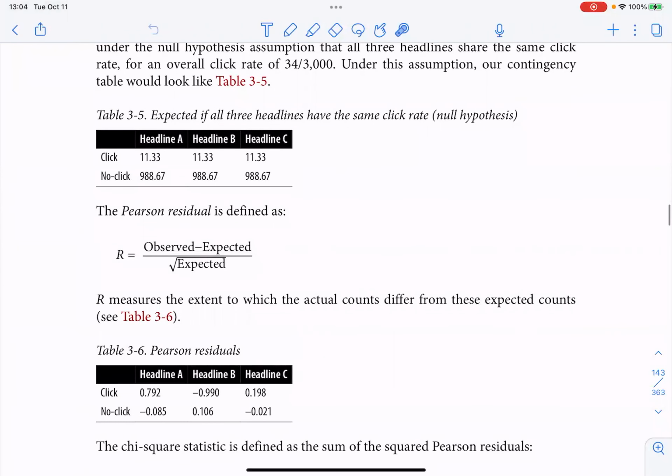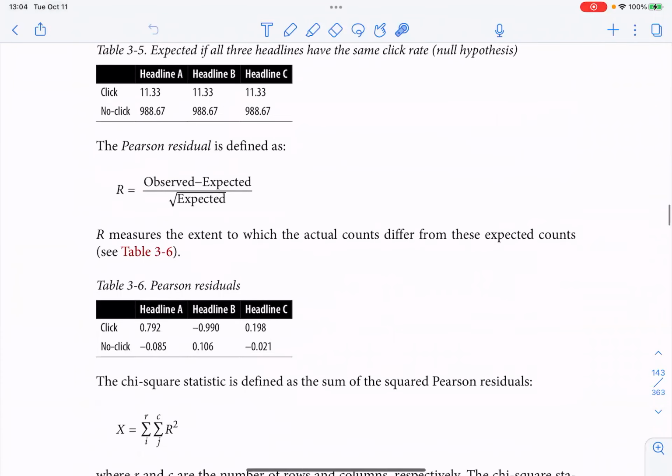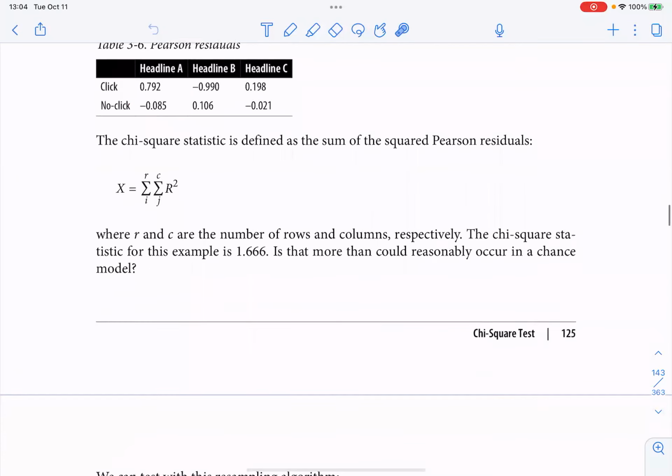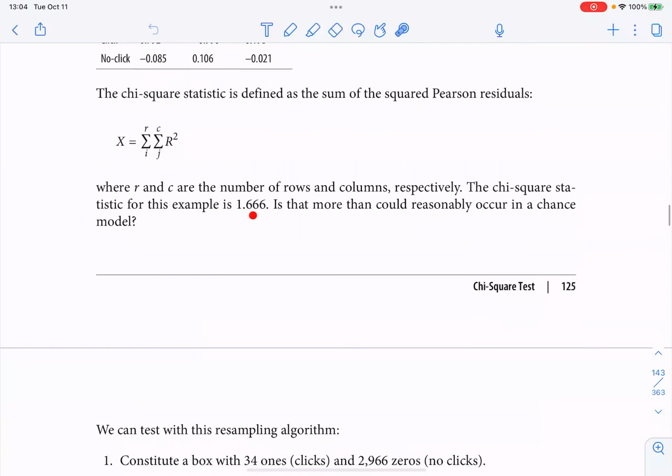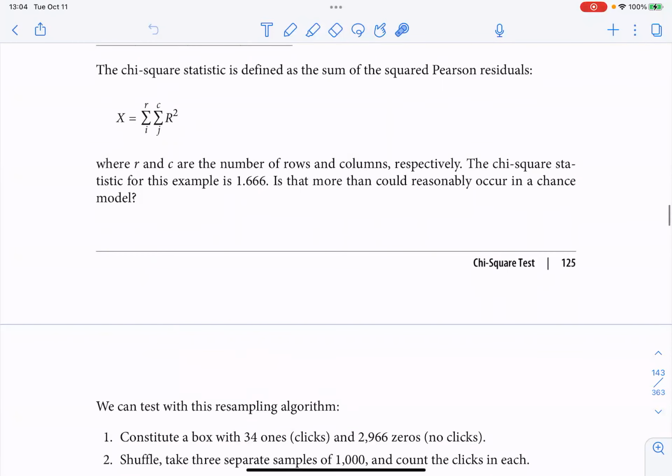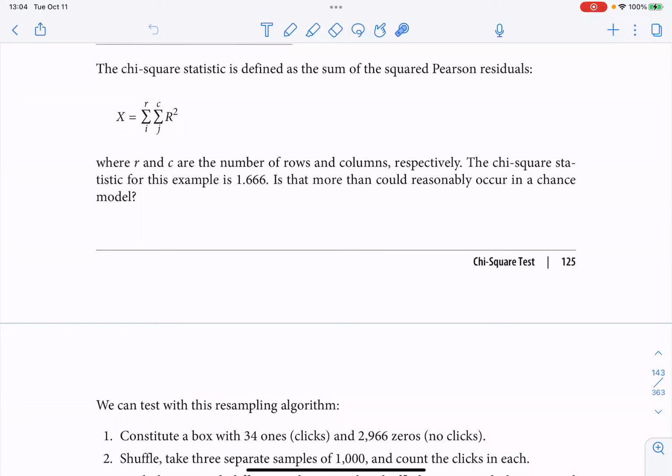Okay, so then we could find these Pearson residuals, which is that R. Then I need to square each of those, and then add them all up across the rows and the columns, and we would end up at 1.66 in this case. We would then compare it to the chi-squared distribution with R minus 1 times C minus 1 degrees of freedom.